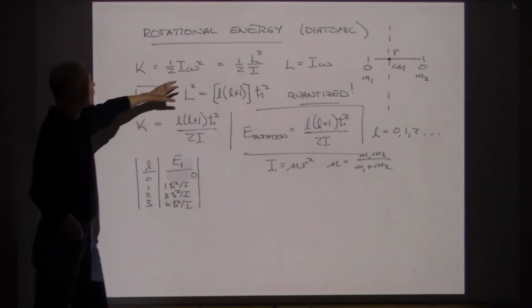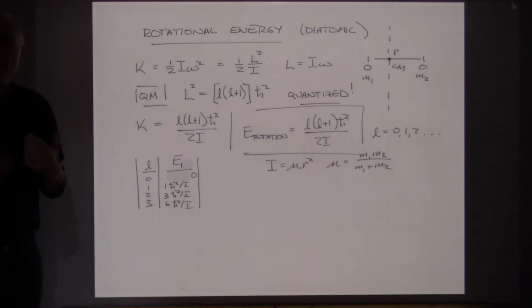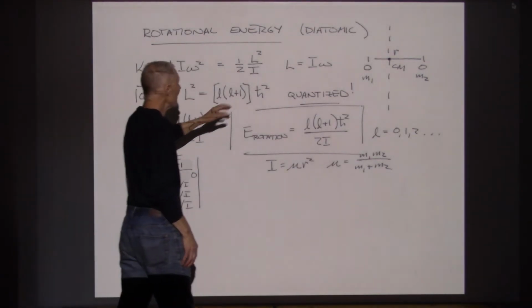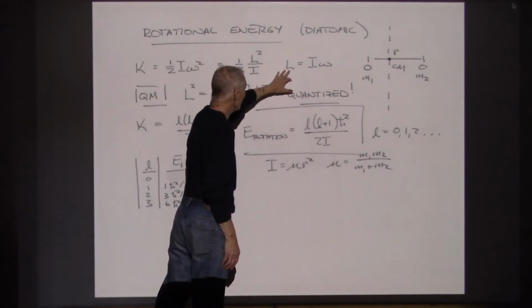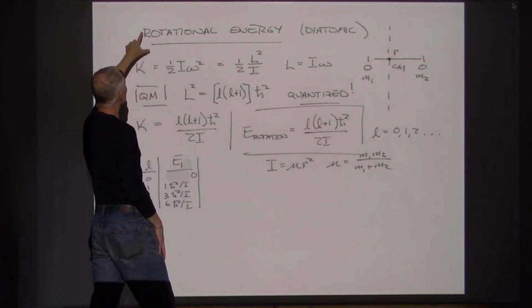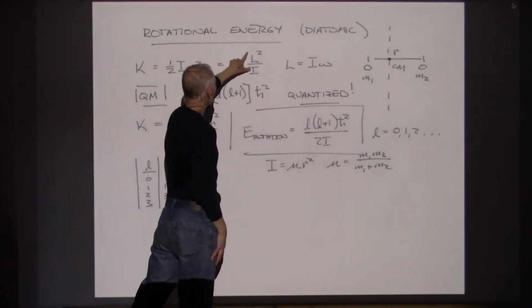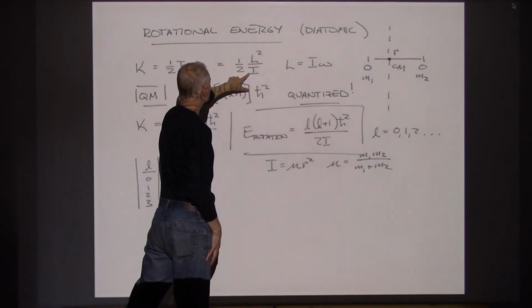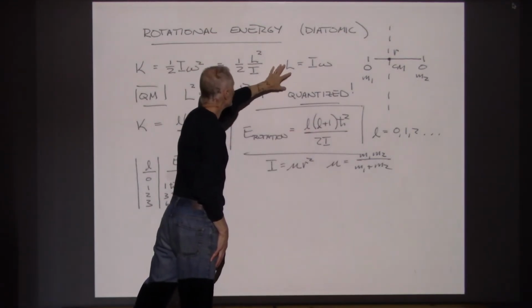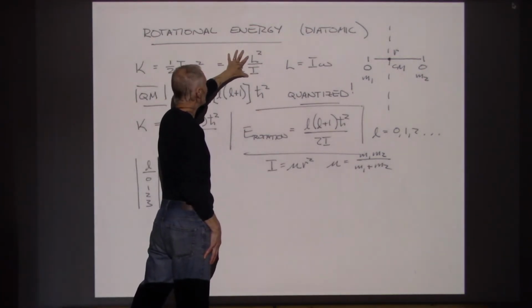Now what we've seen in quantum mechanics is it's not velocity that is quantized, it's angular momentum. So by stating that the angular momentum, L, is equal to I times omega, we can rewrite the rotational kinetic energy as 1/2 L squared divided by I. All I've done is substitute in for omega. This now is in angular momentum.